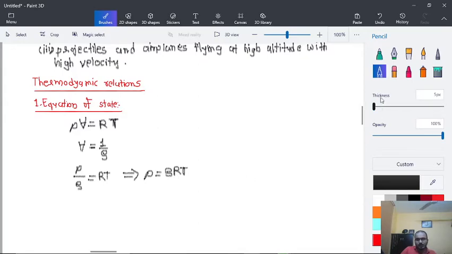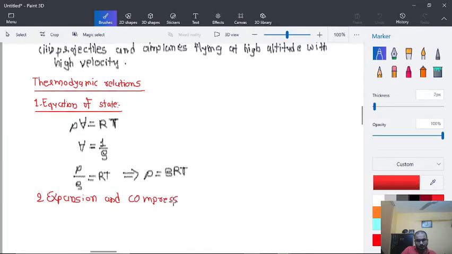Next, let's move forward to the next topic. These are just fundamentals, so we are not spending much time on this. Expansion and compression of perfect gas.